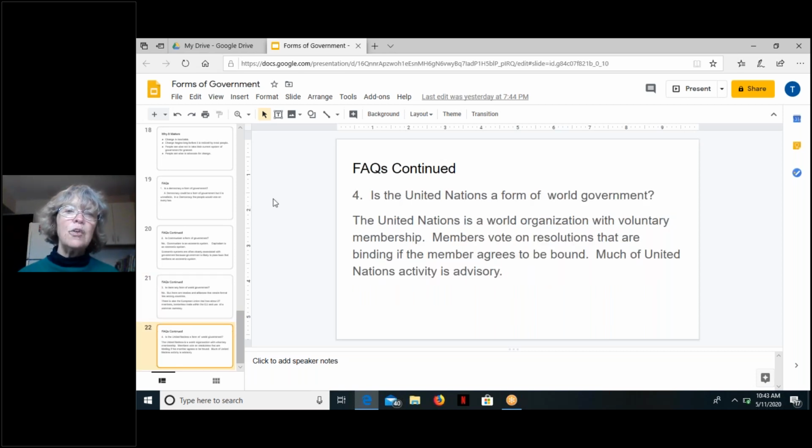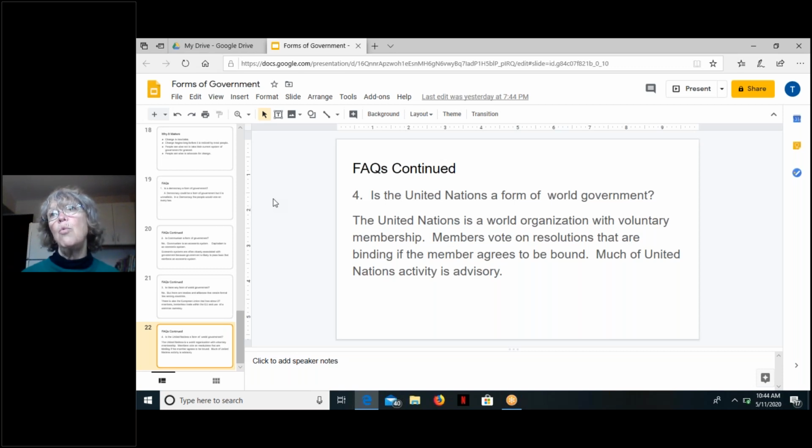And the final question: is the United Nations a form of world government? And I think that could be kind of confusing sometimes. The role of the United Nations is that it is a voluntary organization. Members are voluntarily part of the UN, and they vote on resolutions that are binding only if the member agrees to be bound.